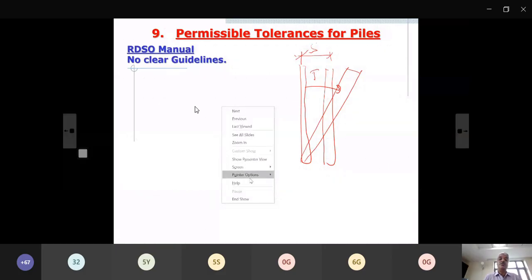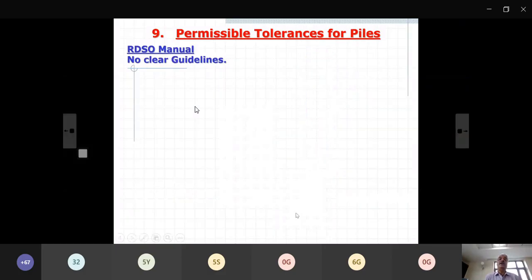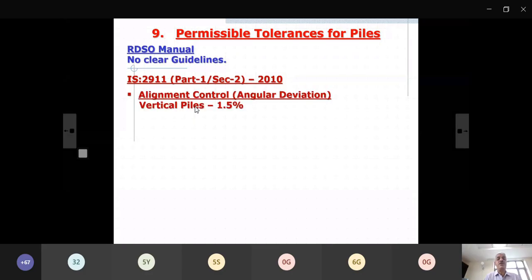So how much locational inaccuracy is permitted? The RDSO manual does not give any clear guideline. If you see IS 2911 part 1 section 2, it says angular deviation, which means tilt, for vertical piles should not be more than 1.5%.